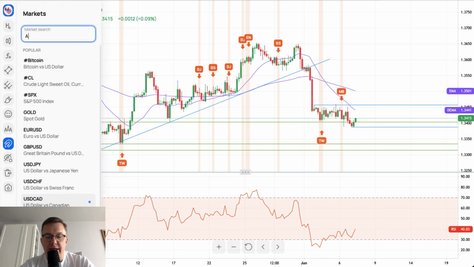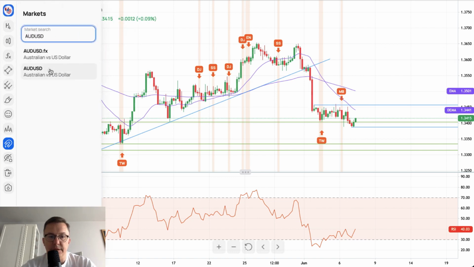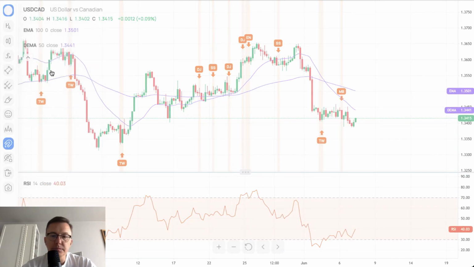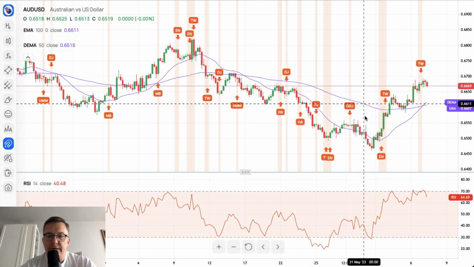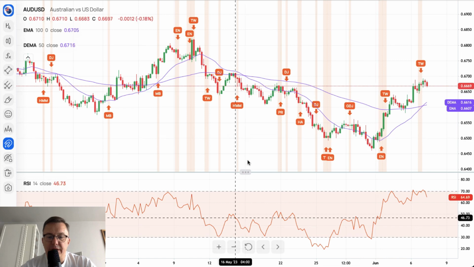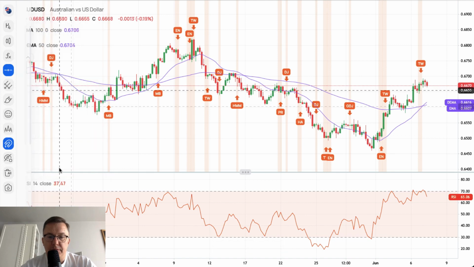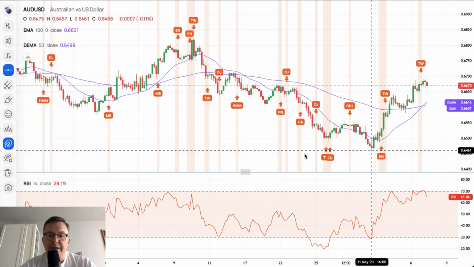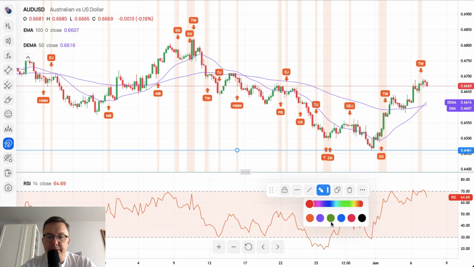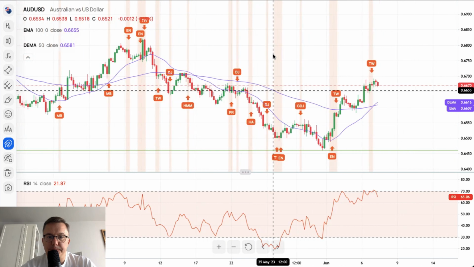Let's take a look at the Australian dollar to the American dollar. So this is that market. As you remember, yesterday we got a hike from 4.85 to 5.10 by the Reserve Bank of Australia. Now the key technical support is seen at 0.6461.